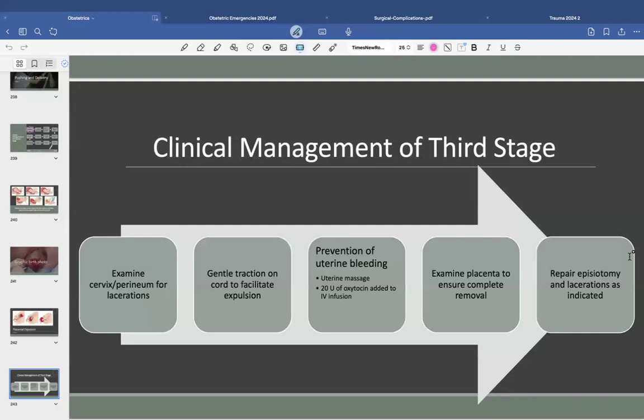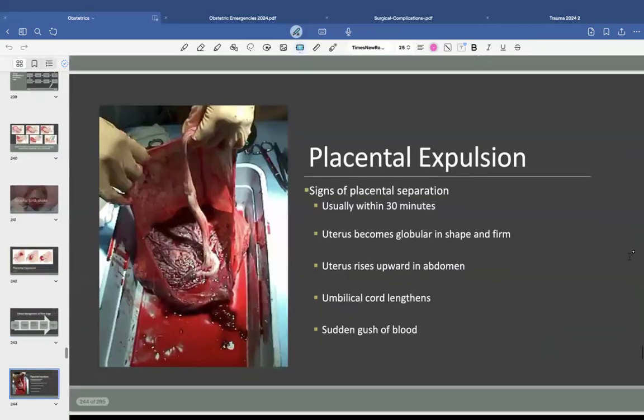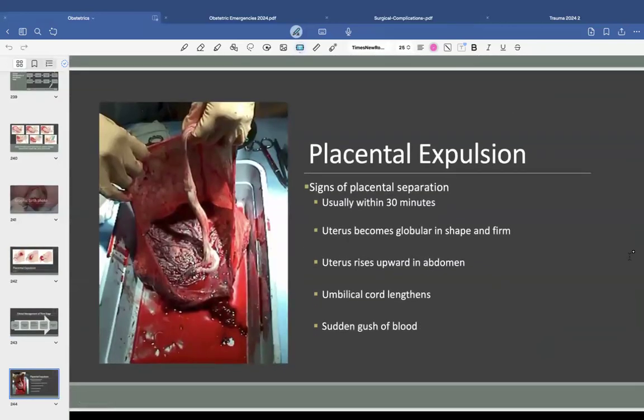Signs of placental separation. Usually the expulsion, like I said, takes about 30 minutes. Once the placenta has been delivered, the uterus will become globular in shape and very firm. The uterus will rise upward into the abdomen. The umbilical cord lengthens.